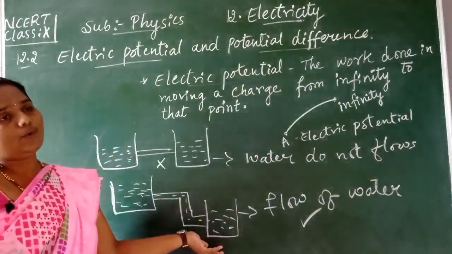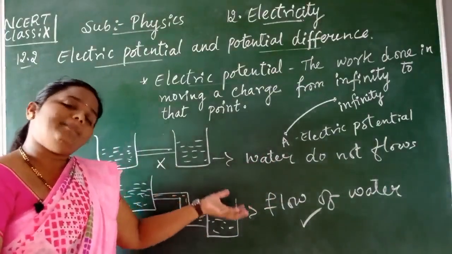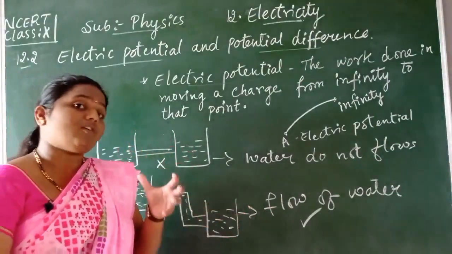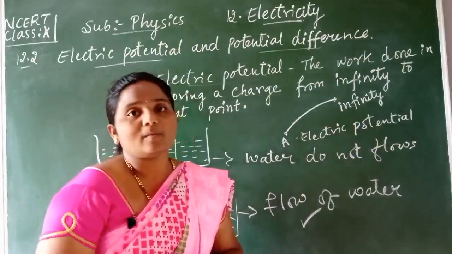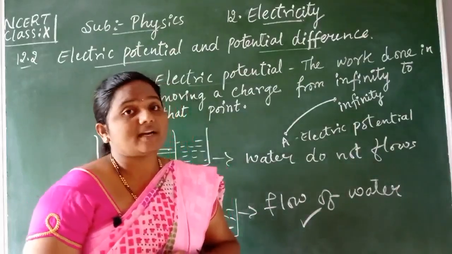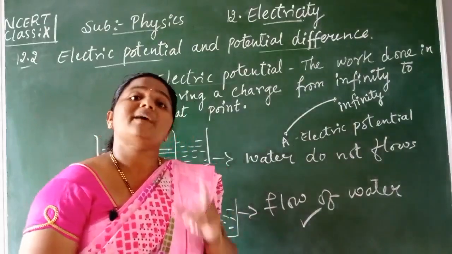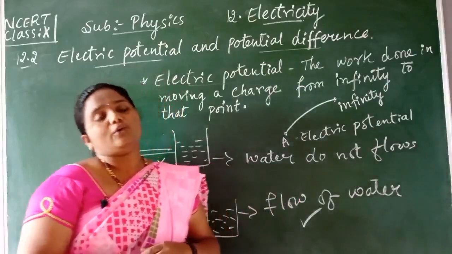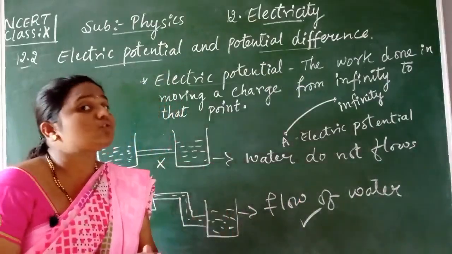If pressure difference is there, we can see the flow of water from tank 1 to tank 2. See here, the same analogy is also applicable for the cell, children. In cells we have already learned that there are charged particles. You know what the charged particles are? Electrons, isn't it? These electrons by themselves do not flow in an electric circuit. For example, in a cell or a battery, they themselves do not flow.